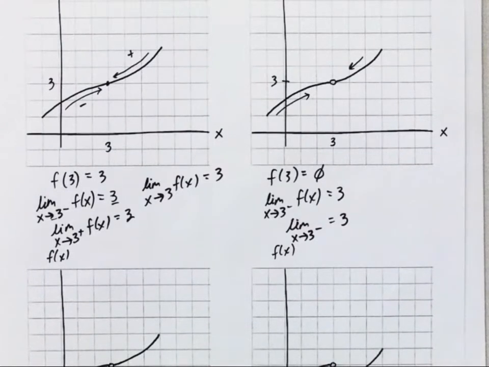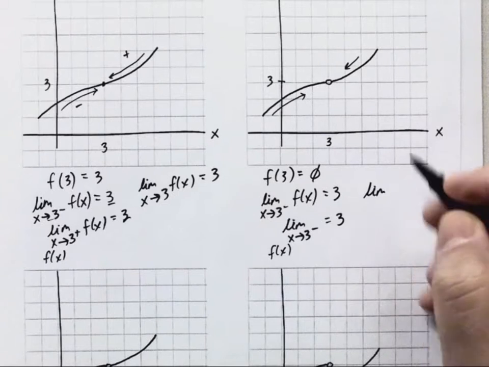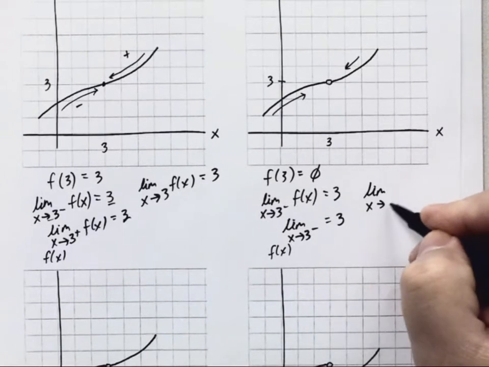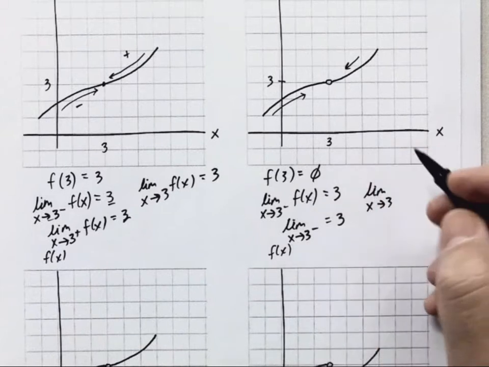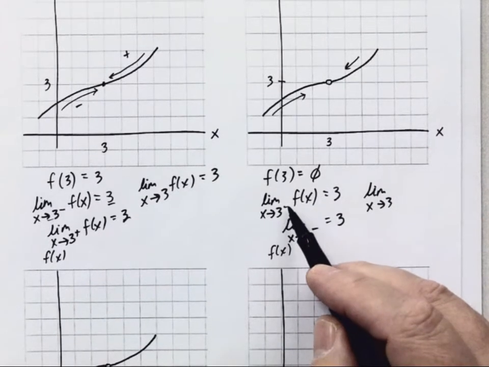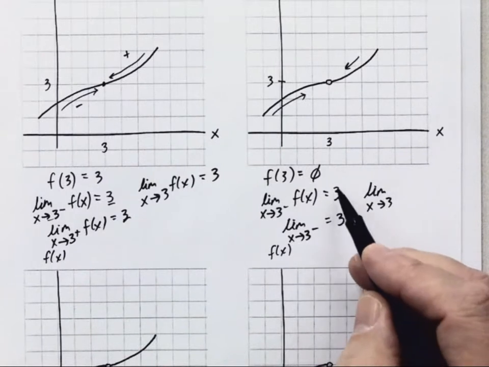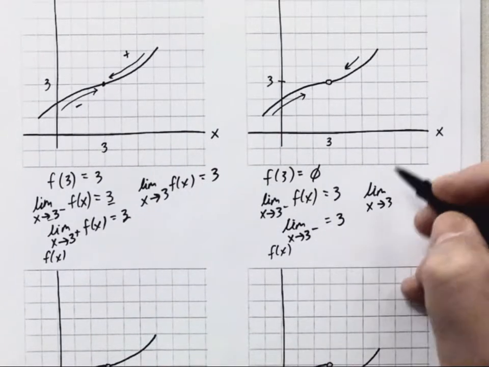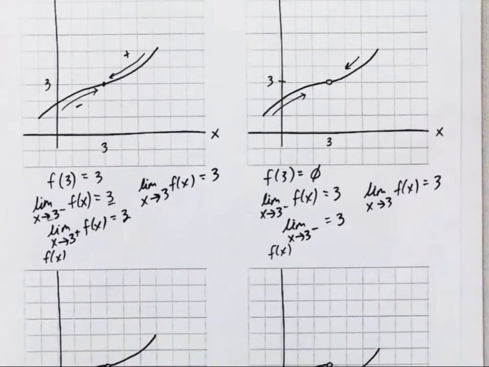Once again, 3. And so the rule is, if you're trying to figure out whether the limit exists at a certain value of x, you look at the limit from the low side and the high side, and if they approach the same number, then that becomes your limit.